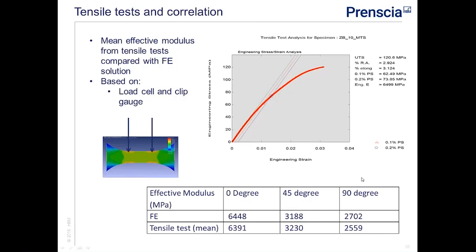So I'd draw two things to your attention. One is that there's a very good correlation between the FE and the tensile test, and the other one is that there is more than a factor of 2 in stiffness between the 0 and the 90-degree coupon orientation. So anisotropy is a very real issue for this type of material.